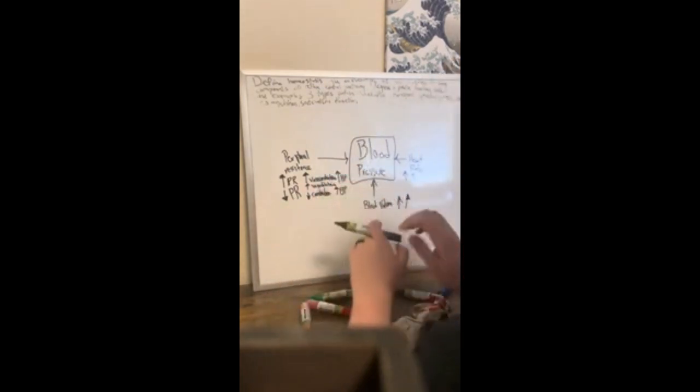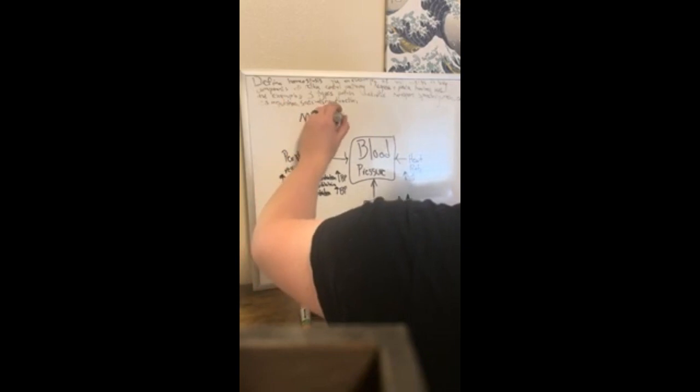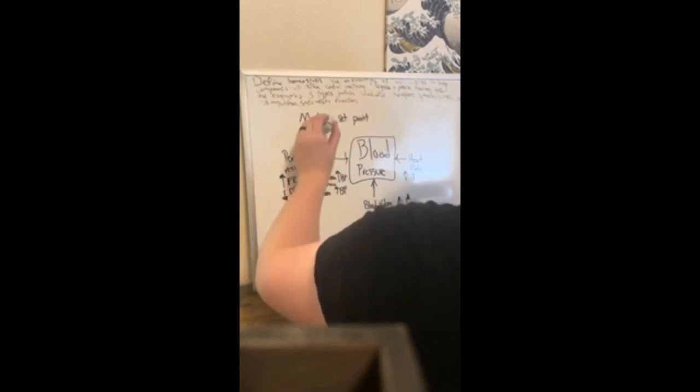As you can see, in essence, what medicine does is it corrects things that take us away from set point. Most medicines operate under a negative feedback loop.